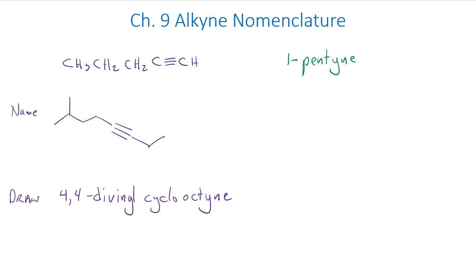In the first example, we find the longest continual chain to be 1, 2, 3, 4, 5, 6, 7, 8 carbons long. So we have an octyne. And notice that with the geometry of the alkyne being linear, it can be difficult to spot where it starts and ends.